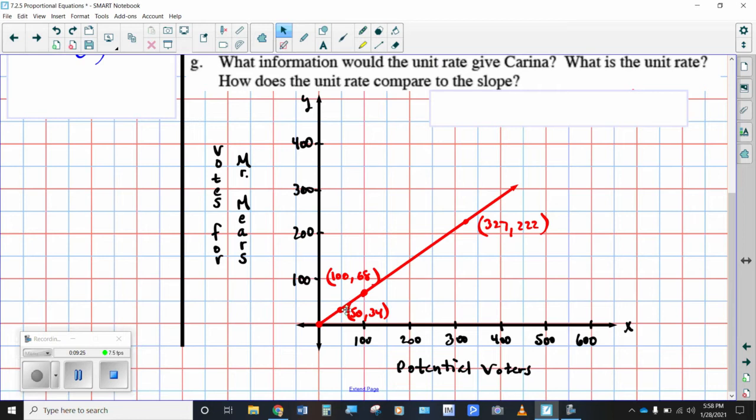We could take these 2 points, or what I think would be best to do is to just take the 0, 0 and any of these other points, doesn't matter which one you do, and figure out what the rise over the run is, the change in y over the change in x.